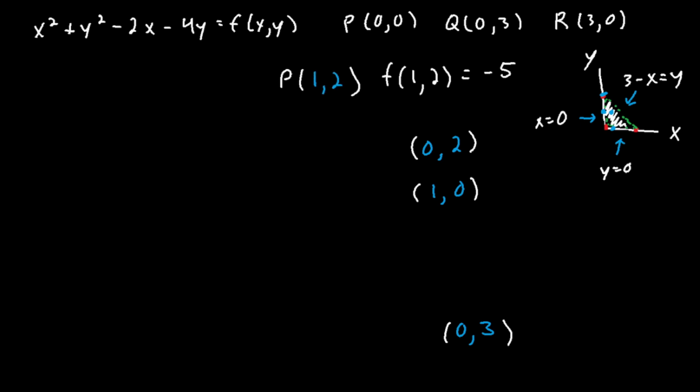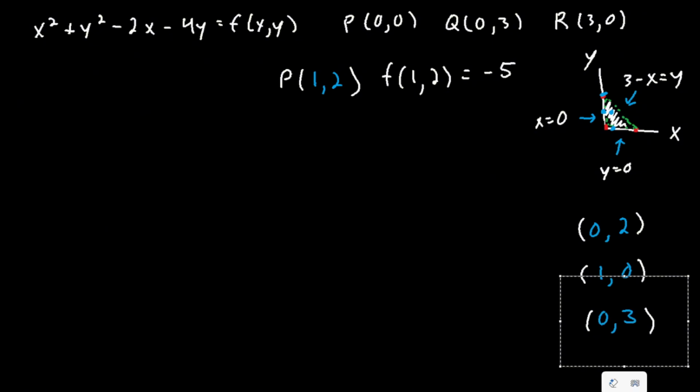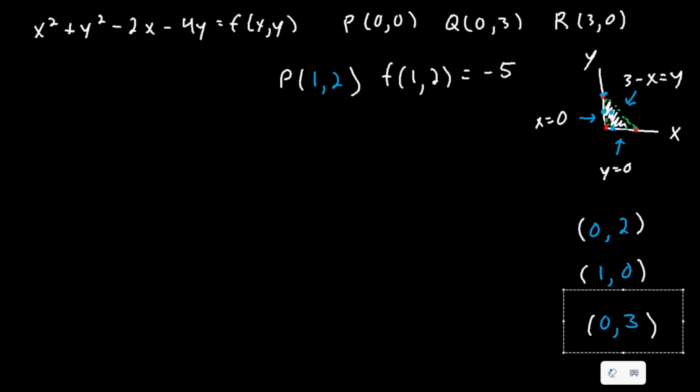So if these are our points, what do we do with them? How will you be actually able to use these? Well, we already solved for our 1, 2 point, our extrema point, which is equal to -5. So let's keep that inside of a box.